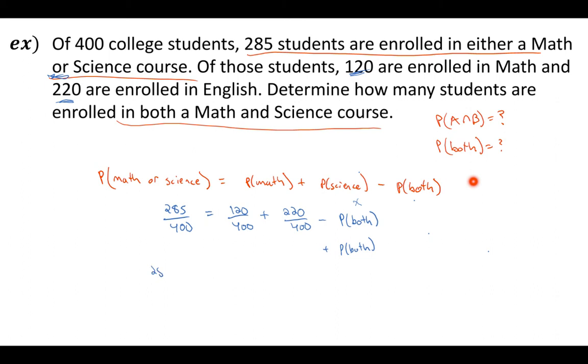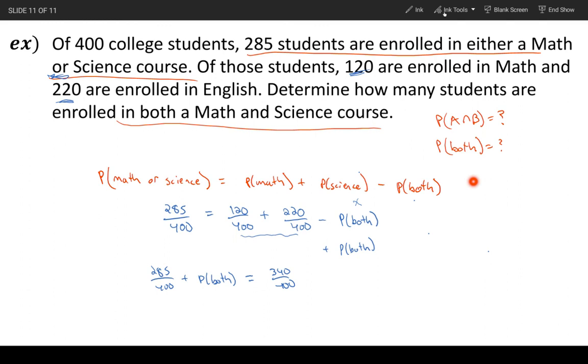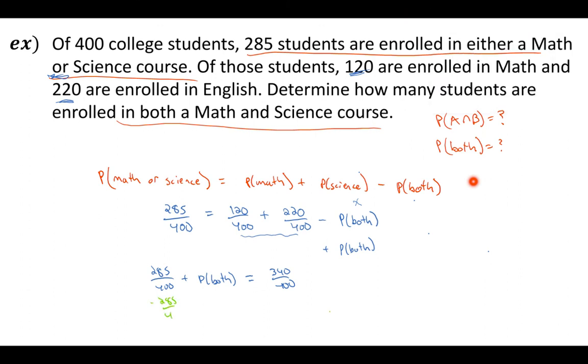So I've got 285 over 400 plus the probability of both equals, and then these two we can add together, 120 plus 220, which would be 340 over 400. And then we just need to subtract that 285 over to get the probability of both by itself. So minus 285 over 400 from both sides.